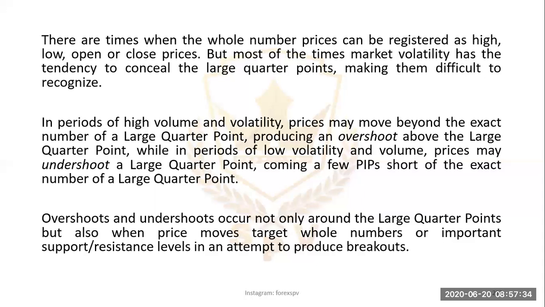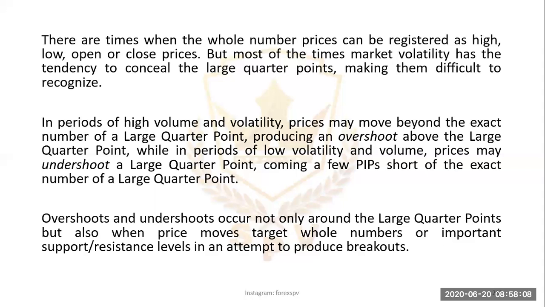In periods of high volume and volatility, prices may move beyond the exact number of the large quarter point, and we say it produces an overshoot area above the large quarter point. In periods of low volatility and volume, we have what we call an undershoot area, which is below the large quarter point, a few pips short of the exact number.